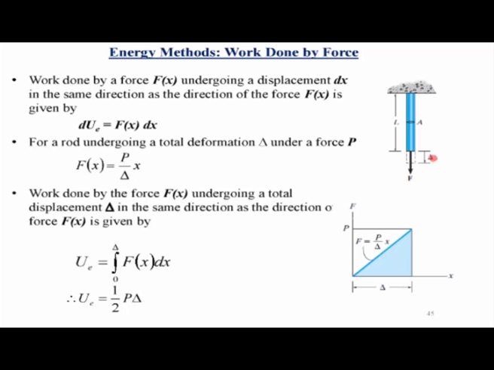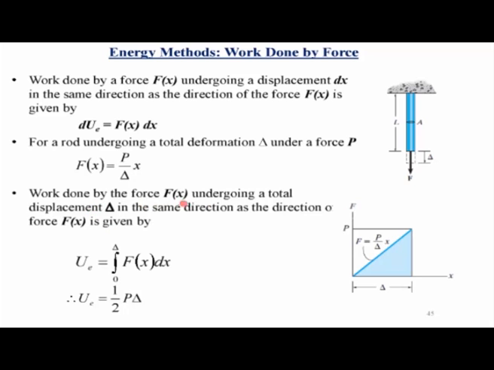So if the final deformation is delta and the final force is P, then for a deformation x, the force that has to be applied is given by P over delta times x. So it is directly proportional to the deformation of the rod. So for a deformation of x, the load that has to be applied is x over delta times P, where P is the load under which it undergoes a final deformation of delta.